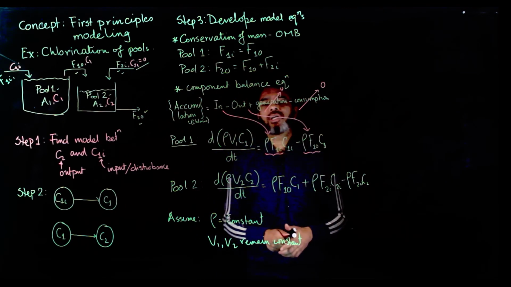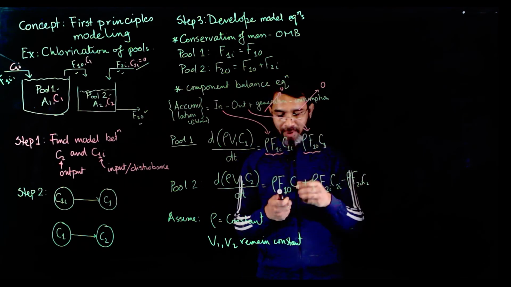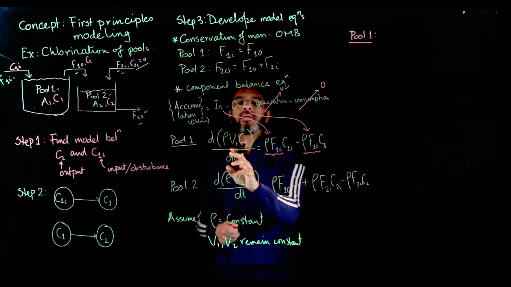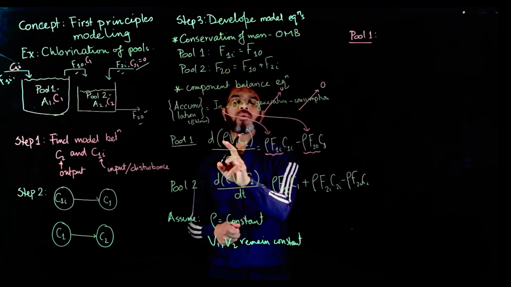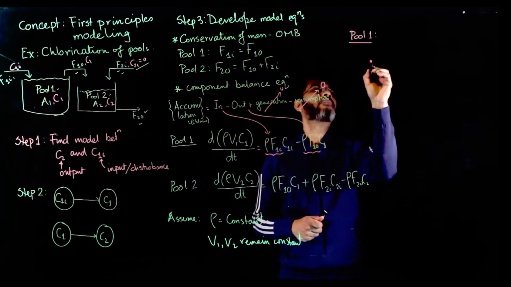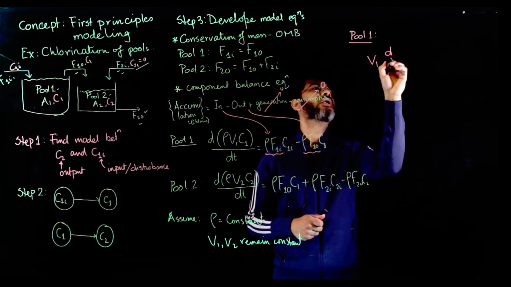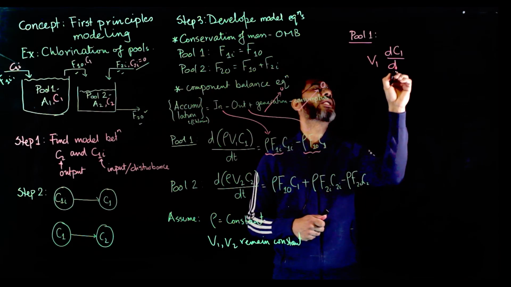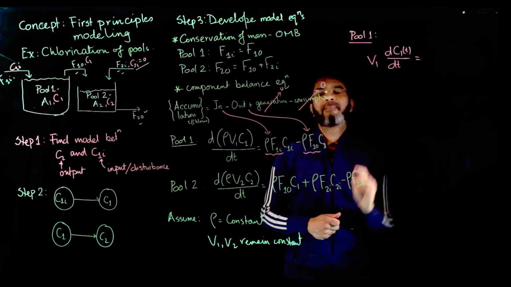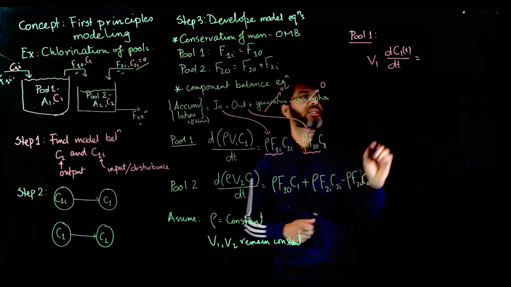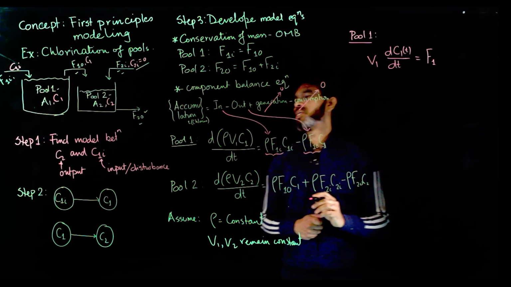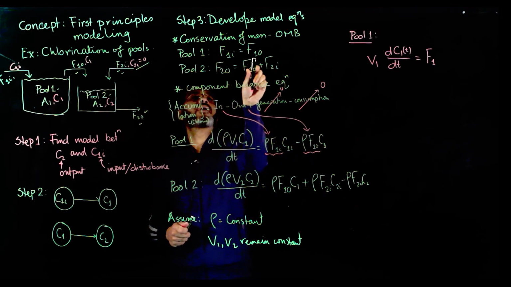So if we use this assumption, from this pool 1 problem, finally we get rho V1, this rho gets cancelled. So we'll have V1 dC1 over dt. Again, I'm writing this in terms of time, equals, rho got cancelled, F1I equals F1O.